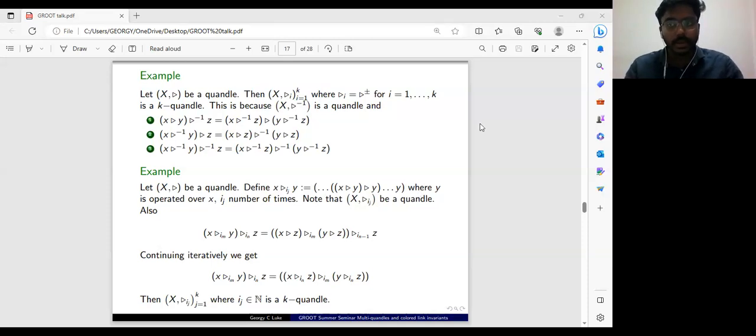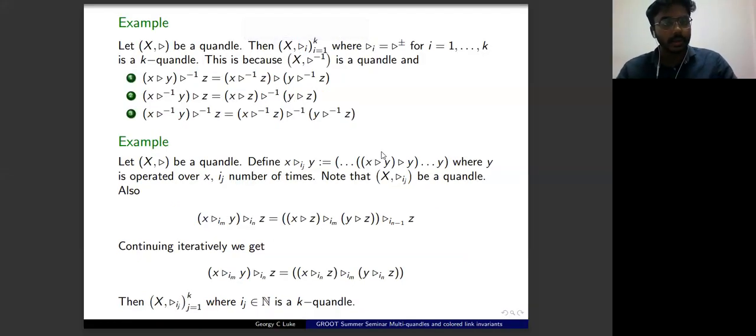Let X be a quandle, then we define our multi-quandles as follows.